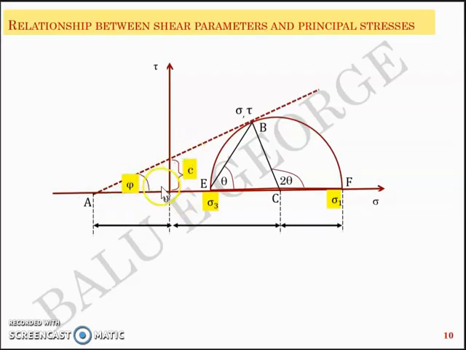When you take this particular triangle, you have C cot phi as this distance, and the second distance marked here is the distance of the center of the circle from the origin, which is the average of sigma 1 and sigma 3. So sigma 1 plus sigma 3 by 2 is this distance OC, and of course CF is the radius of the circle, which is sigma 1 minus sigma 3 by 2. So CF is equal to CB is equal to CE. The radius of the circle is sigma 1 minus sigma 3 by 2.